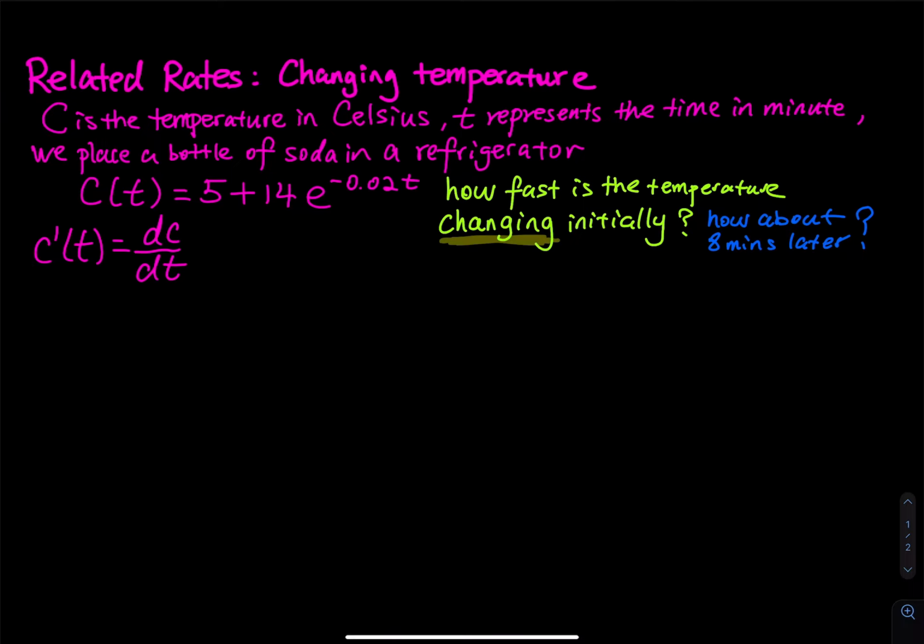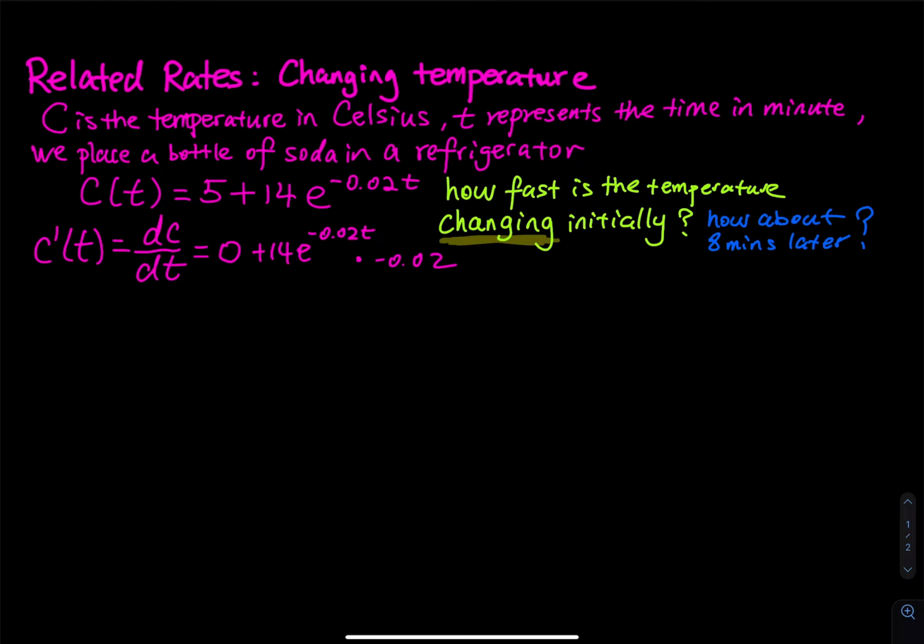You will see why when you get to a deeper problem. So the derivative of 5 is 0, and then we have a chain rule, plus 14 e to the 0.02t, and then the derivative of the exponent is negative 0.02. So the derivative is done, and now we are going to answer the questions.